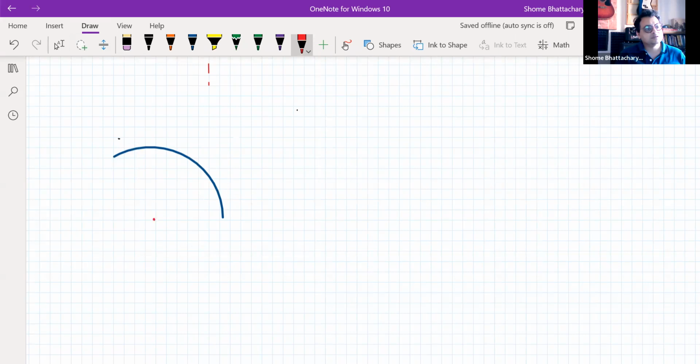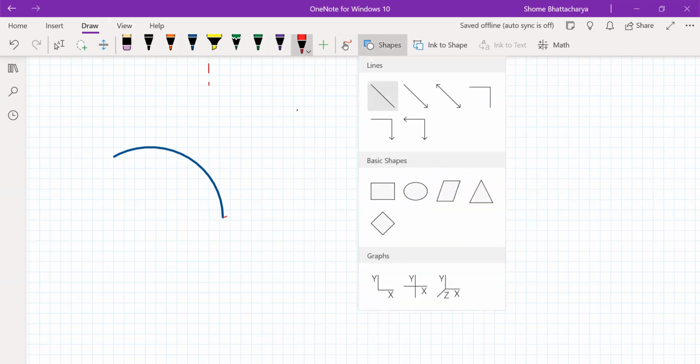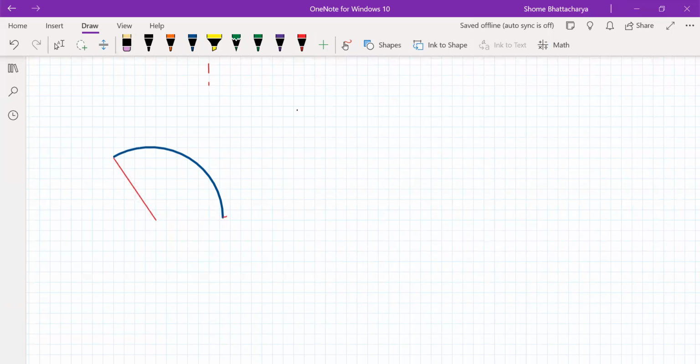If this was the center of curvature, where it was subtending 120 degrees, then we'll have to take the angular bisector of this total angle of 120 degrees as our symmetry axis.